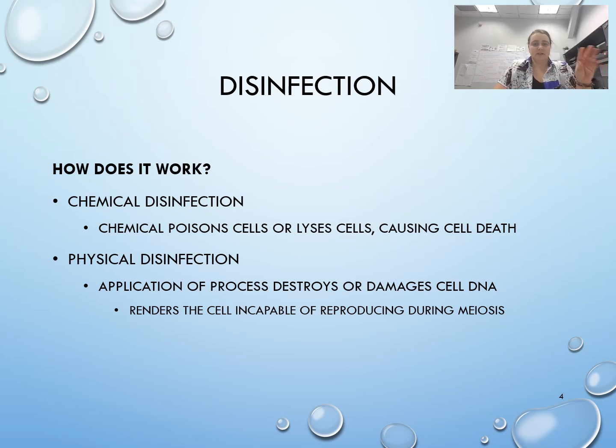Physical disinfection is when we apply a process that destroys or damages cell DNA most of the time. Instead of applying a chemical, we apply a stimulus like radiation, ionization, and ultraviolet light. It's going to render the cell incapable of reproducing.